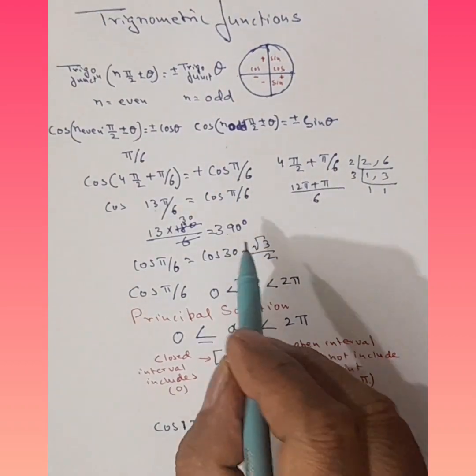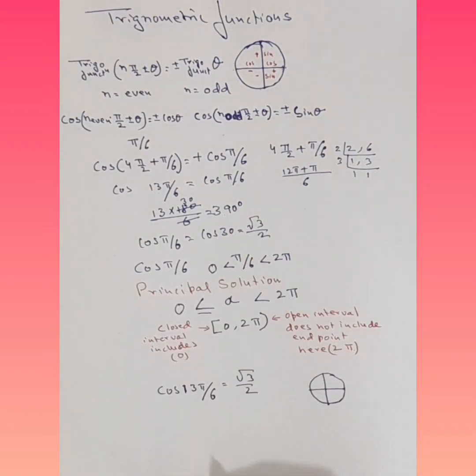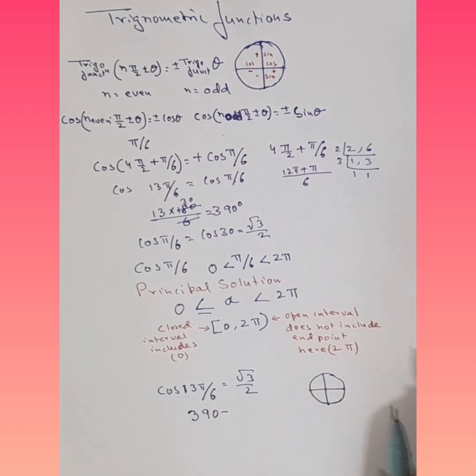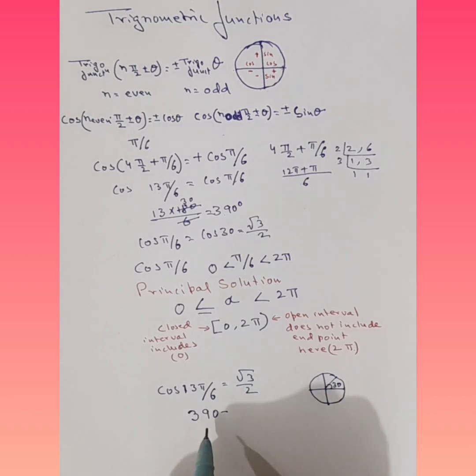Now there's another thing called a coterminal angle. Now 390 degree actually means what? How do we get 390? This is 360, right? 360 plus 30 is 390.